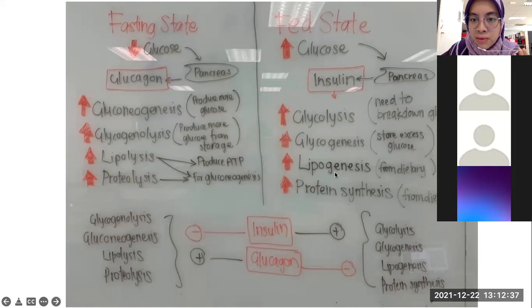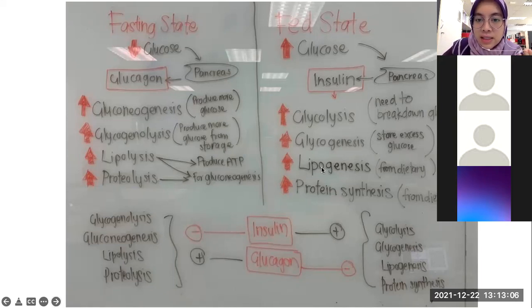Remember, whenever we have eaten something, we don't only eat from carbohydrate sources, we also take things from fat sources, for example. Lipogenesis is basically the formation of fatty tissues or adipose tissues. That's why the more we eat, the easier for us to get fat. So that is why lipogenesis takes place in fed state. That's how you remember it.